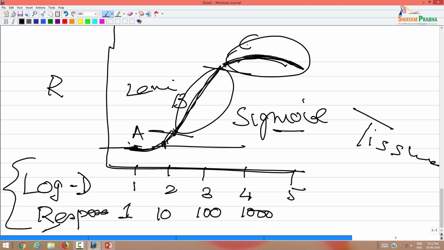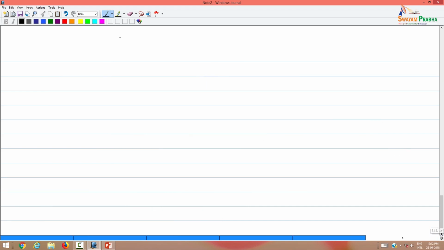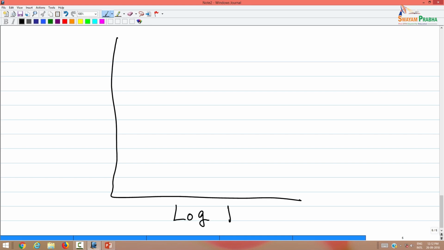Now, the third possibility is when you convert this graph into a log dose, that means log 1, log 2, log 3, log 4, log 5 and log 6, and the response is also highly variable.